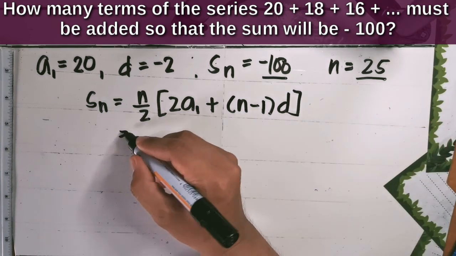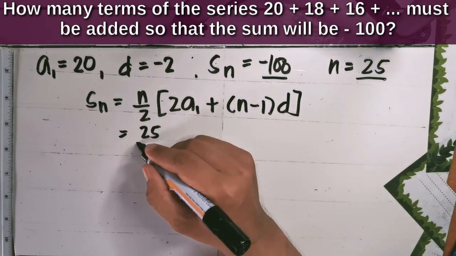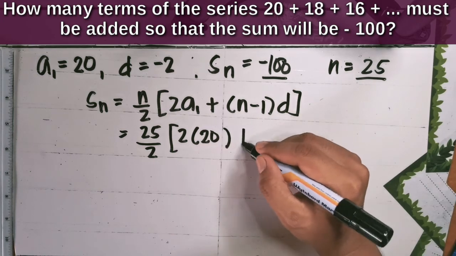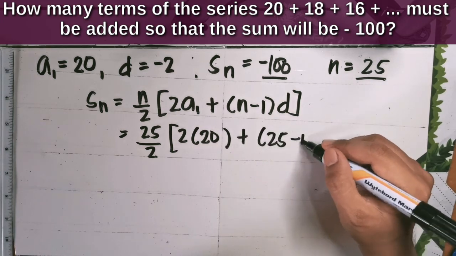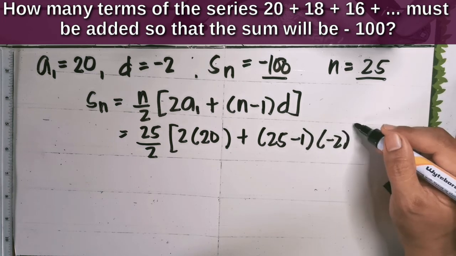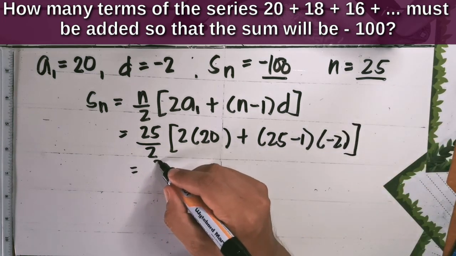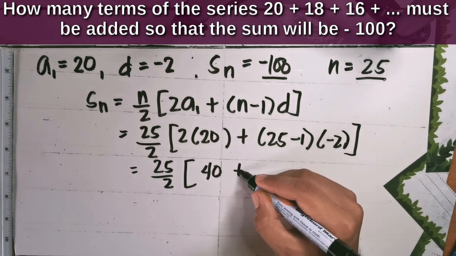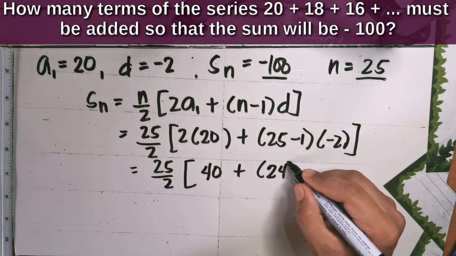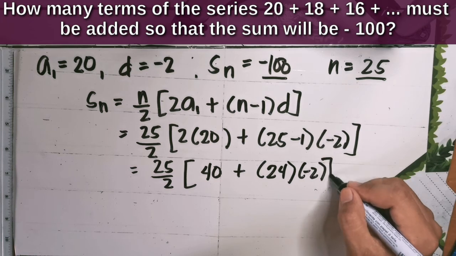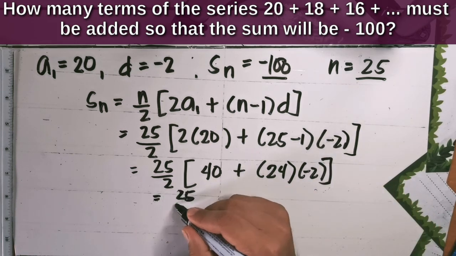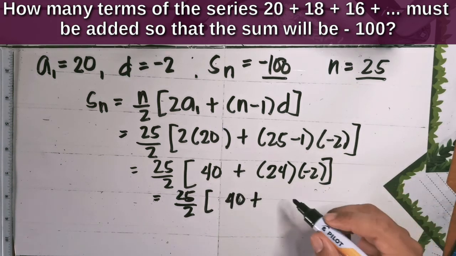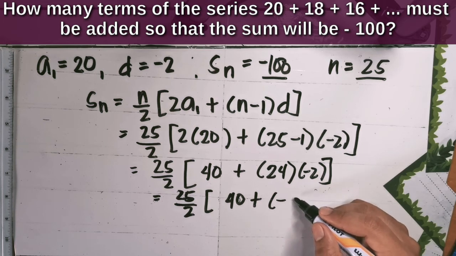Okay, so we have 25 terms over 2 times 2, our a sub 1 is 20, plus 25 minus 1 times our common difference, which is negative 2. Okay, so 25 over 2 times 2 times 20 is 40, plus 25 minus 1 is 24 times negative 2. So we have there 25 over 2 times 40 plus 24 times negative 2 is negative 48.